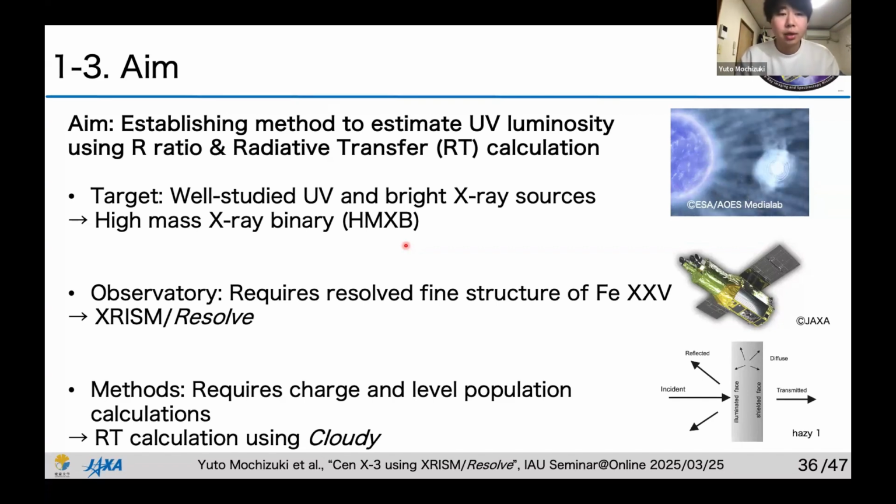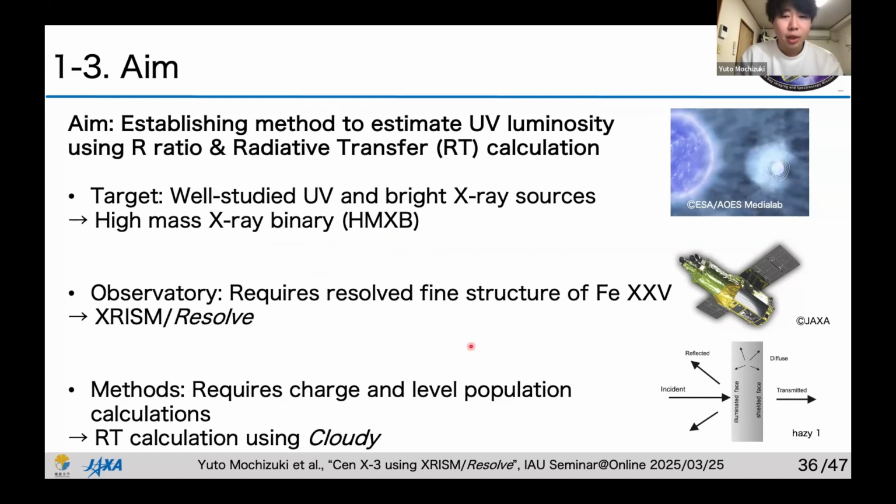So the high mass X-ray binary, this is Cen X-3, is an ideal target. We use the XRISM Resolve because it is capable of resolving the fine structure of helium-like iron lines.